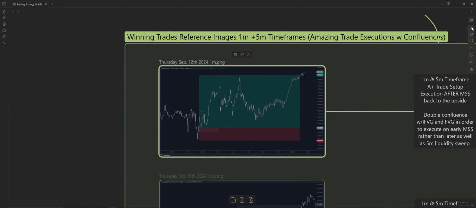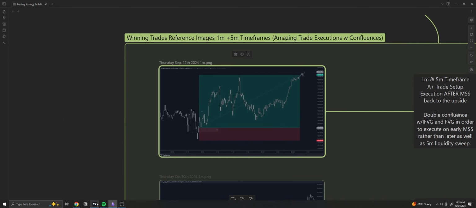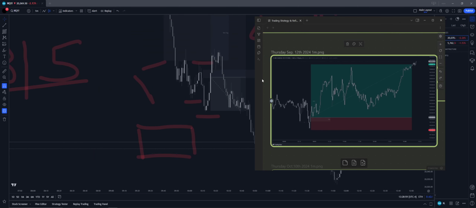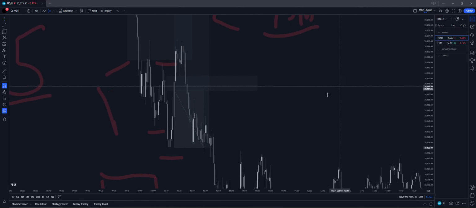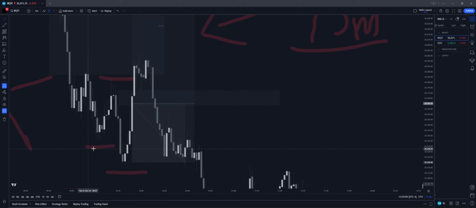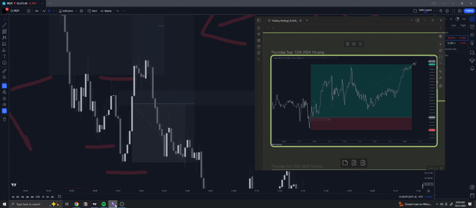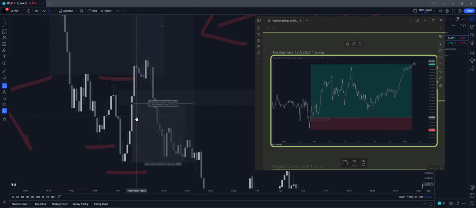That's all that matters to me. You can see right here, if I put them side by side, bam, came down, took out liquidity. Right here, bam, bam, came down, took out liquidity. Obviously, there was accumulation before this. There was none over here, so that would have given us also an extra confluence.